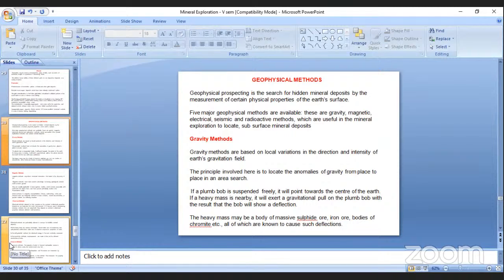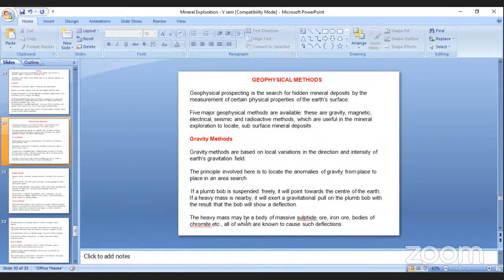And again, it's having the gravitation, it's having the plumb bob method. Based on this is the plumb bob method. It's moving very freely, and it will point towards the center of the earth.